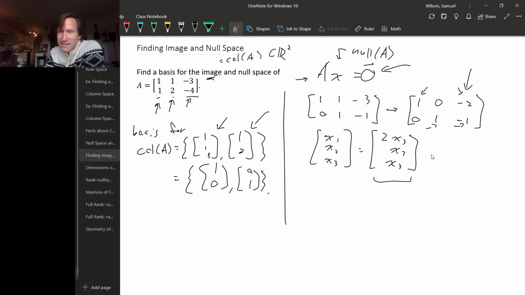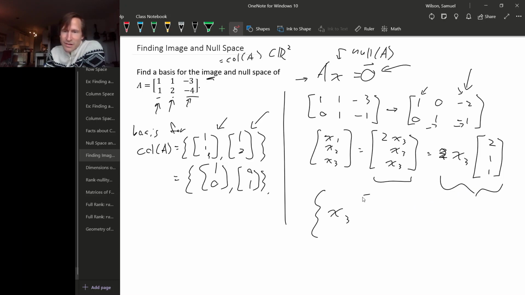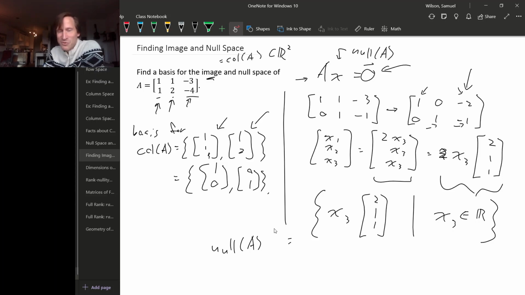But notice that this is x3 times (2, 1, 1), right? This is the null space. Every vector, and x3 can be any real number here. So every vector of this form is in the null space, and every vector in the null space is of this form.